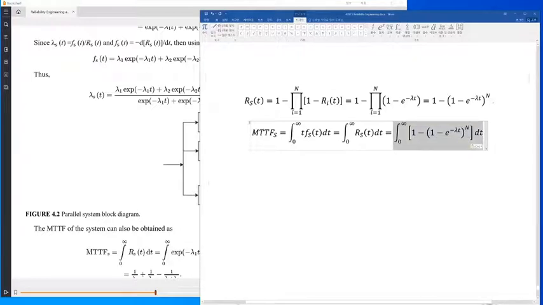If you think calculating this would not be easy, then you may try, or you may substitute exponential minus lambda t with some other parameter.